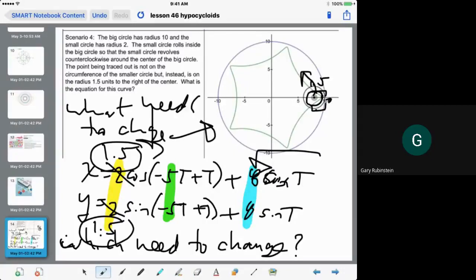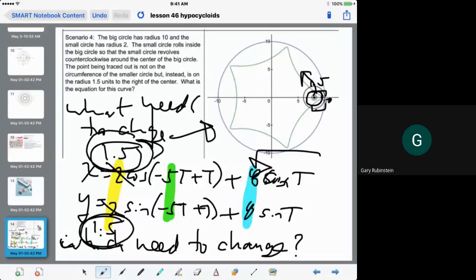So the circle that it's still a circle of radius 2 that's rolling around. It's just the point is 1.5 away. So in thinking about where on the circle am I, I'm on a circle of radius 1.5, but that circle is on itself on a circle.